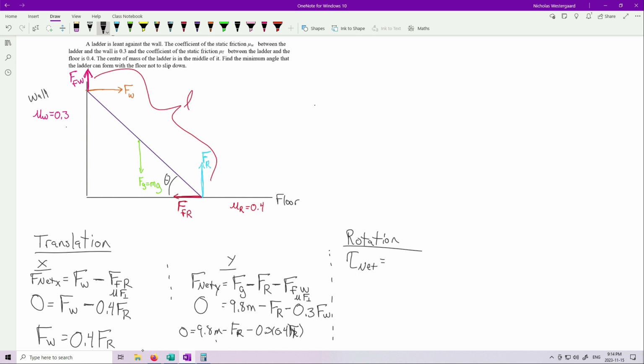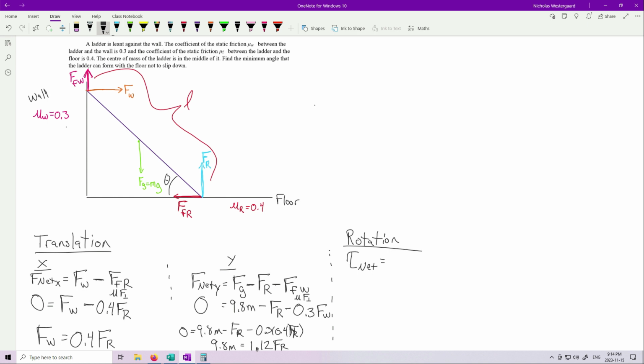And so that's just 9.8 m is equal to, 0.3 times 0.4 is going to be 0.12, so that's going to be 1.12 Fr. 9.8 m is equal to 1.12 Fr. M and Fr are our variables here.